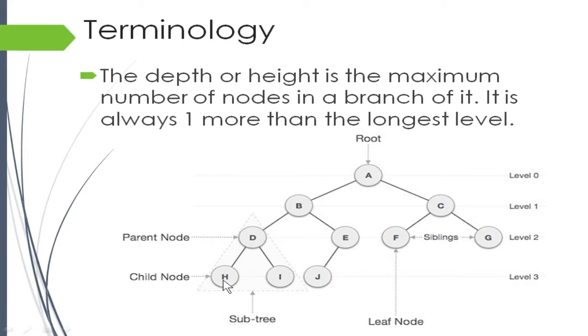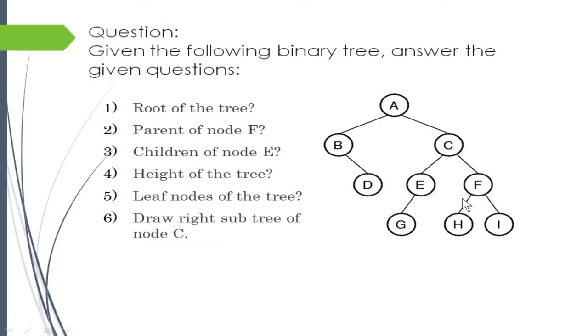So the height of the tree is 4. Take the maximum longest path, count, and then answer the question. They may ask you depth or height, any one term may be used, so you have to write the answer. Always remember, it will be always one more than the longest level.